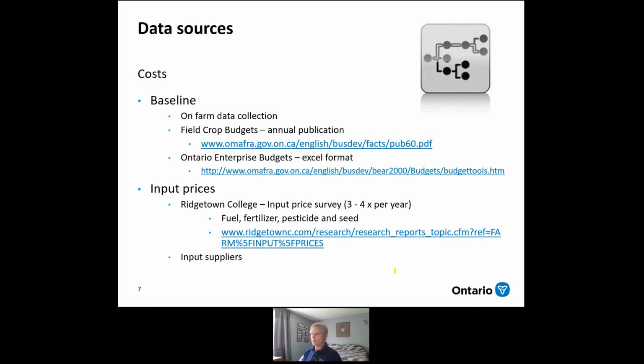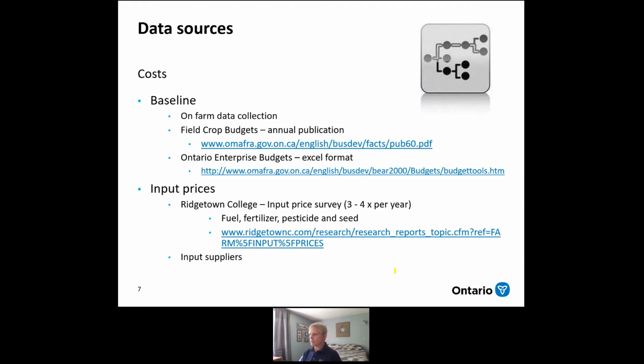If you do find that you don't have those prices, then you may need to go to input suppliers, and you may have those prices already because, through your research, you had to purchase the seed or the fertilizer for the research purposes. But if not, you can start tapping on some of those input suppliers' shoulders. Some may be resistant, and that's fine if they don't want to give that kind of information, you just move on.